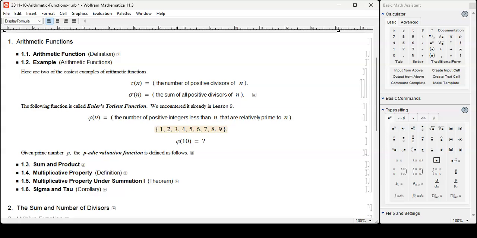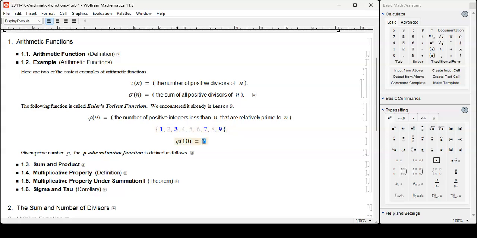Among those, 1 is relatively prime to everything, so there you go. 2 is not relatively prime, no. 3 is relatively prime to 10. 4, 5, 6, no, they are not relatively prime, they are all out. 7 is a prime number, so that's relatively prime to 10. 8, no. And finally, 9 is relatively prime to 10.